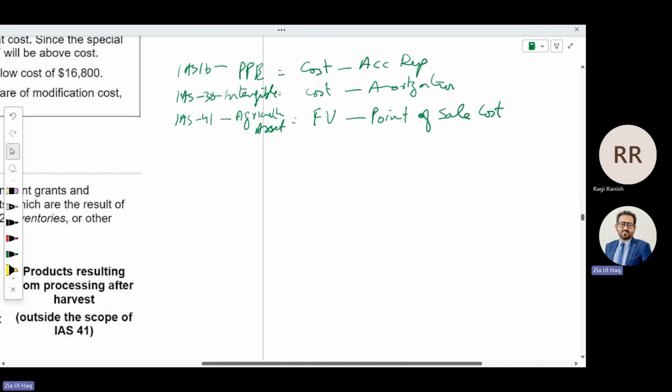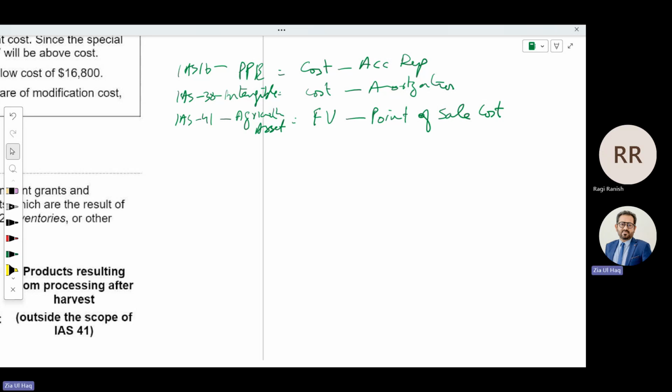Fair value means market price. What does point of sale cost mean? What are agricultural assets? Any crop, fruit. We have cows, sheep, goats, camels.